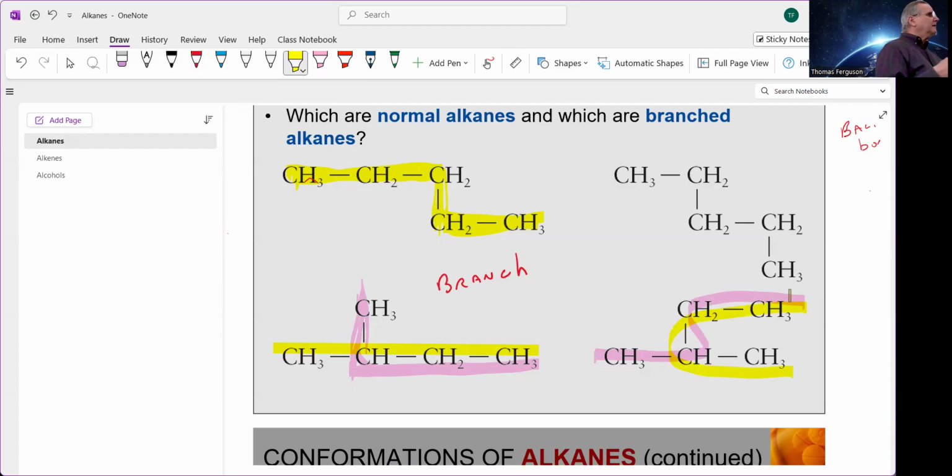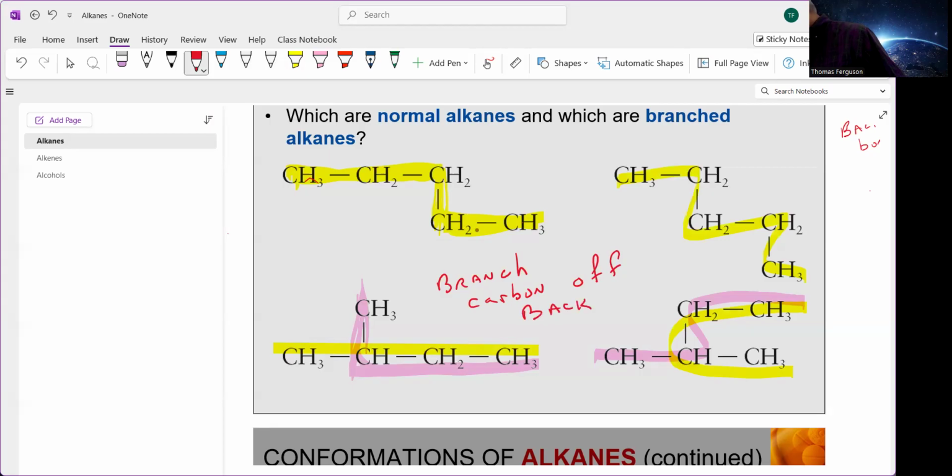Either one is fine to use as a main backbone. So the 2 top ones have no branches. 2 bottom ones do. Okay, so a branch is a carbon off the backbone.